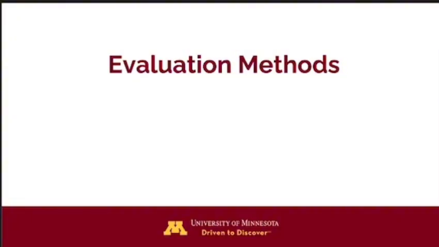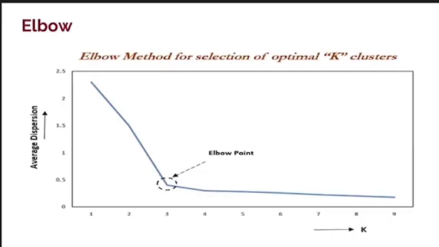If I want to figure out whether I should use 2 clusters or 3 clusters or 5 groups and so on, then we have techniques of evaluation. Number one, we have the elbow. I want you to take a look at this elbow now.